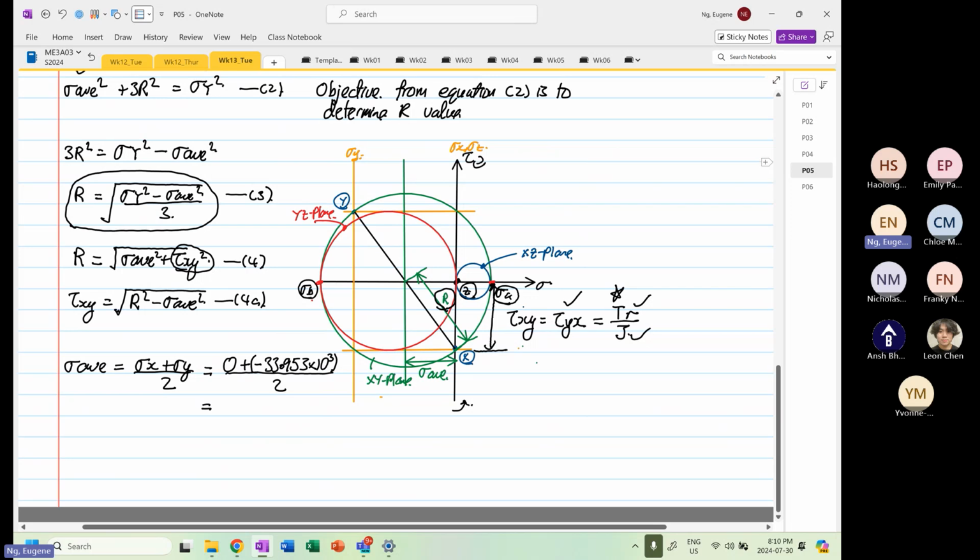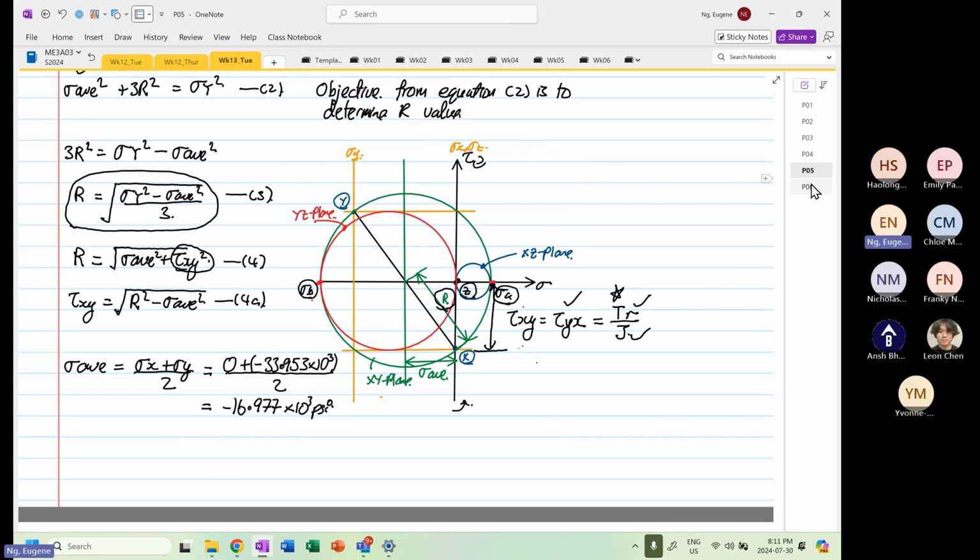This is equal to minus 16.977 times 10 to the power 3 psi.